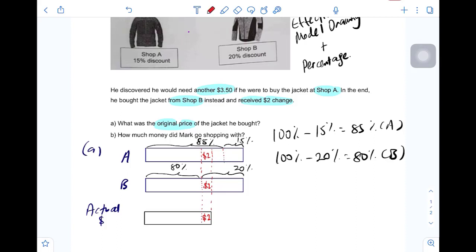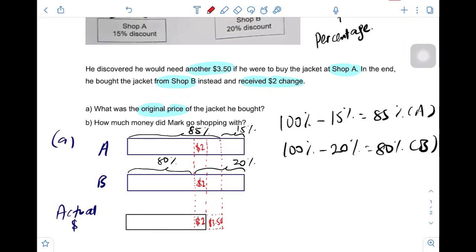So if you trace this down, this is shop A's price, he will need another $3.50. Which means if you trace the $3.50 upwards, it will be here in this box as well.